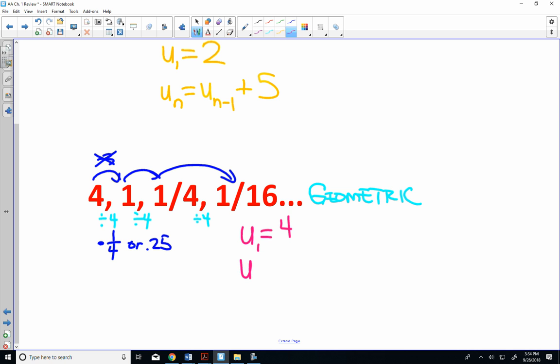And u sub n is equal to u sub n minus 1 times 1/4. Or you could say u sub n equals u sub n minus 1 divided by 4. Same thing, just different way to write it. And of course, if you want to do the decimal thing and put 0.25 here, you could do that as well.